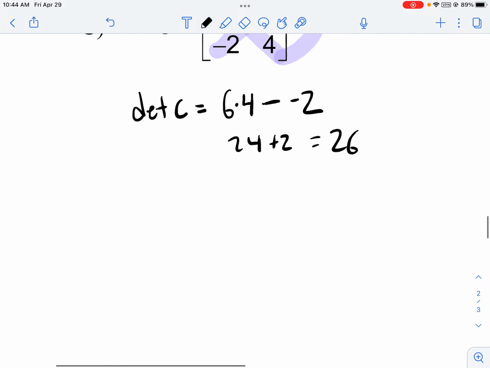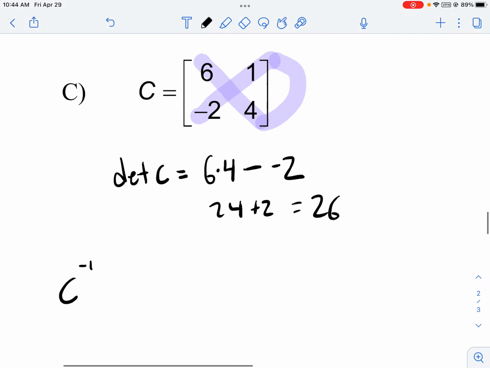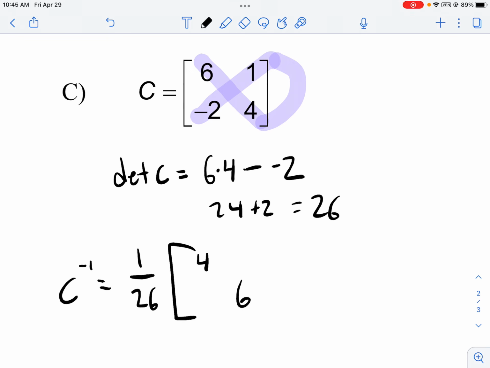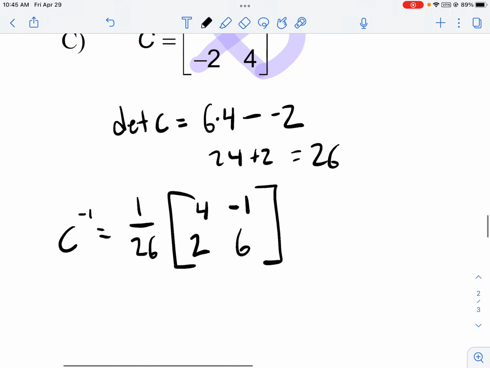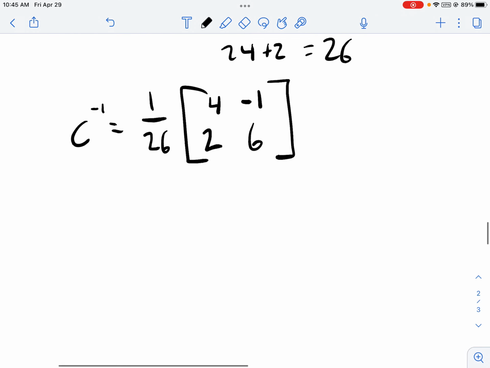So to find the inverse of C, we do 1 over the determinant multiplied. You switch the places of A and D, so 6 and 4 switch places, and switch the signs of B and C. So negative 1, positive 2. Once we do that, we just multiply the scalar through.